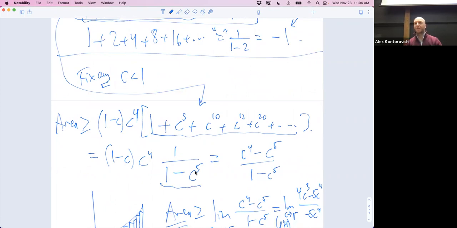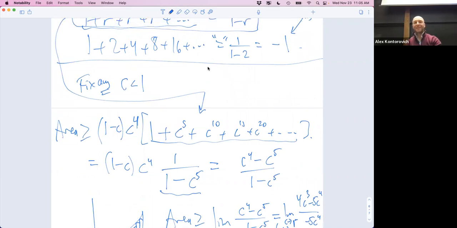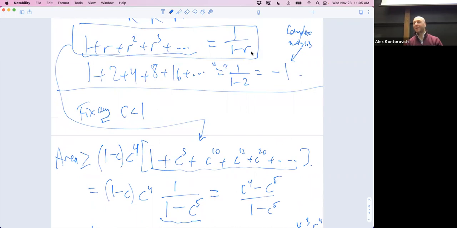So 1 plus r to the 5th plus r to the 10th would be 1 over 1 minus r to the 5th. Exactly. We're applying this formula with r set equal to c to the 5th. This is true for any value of r, as long as r is less than 1. c is less than 1, so c to the 5th is also less than 1. So there's no problem putting this in here. Okay, Yusuf.